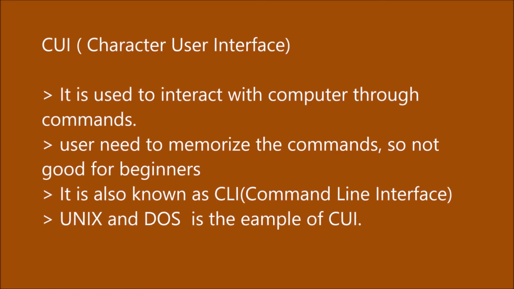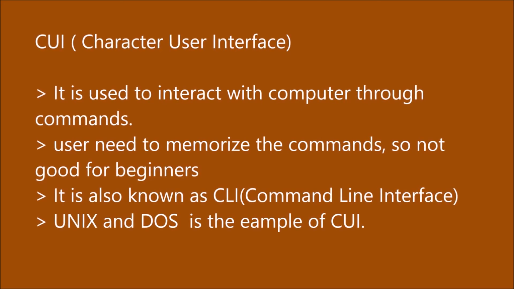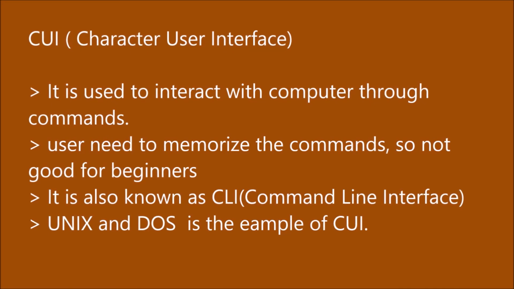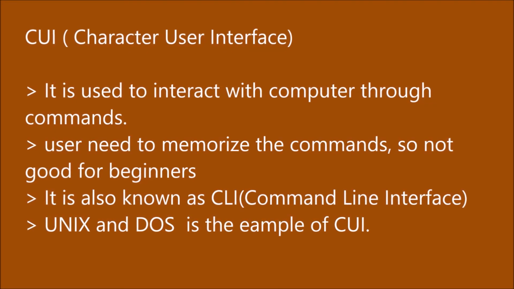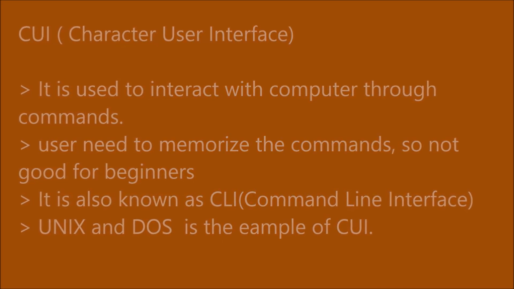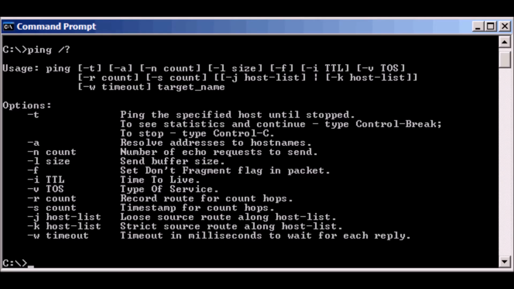This type of interface is not a good choice for beginners, as they have to memorize a good range of different commands. Character User Interface is also known as Command Line Interface, CLI. A command line is a space on the display screen in which commands are typed in by the user. Unix and DOS, disk operating system, are the most popular examples of CUI.